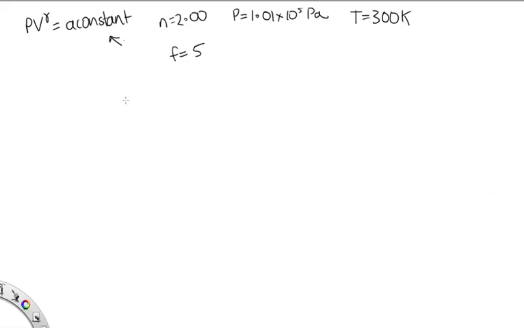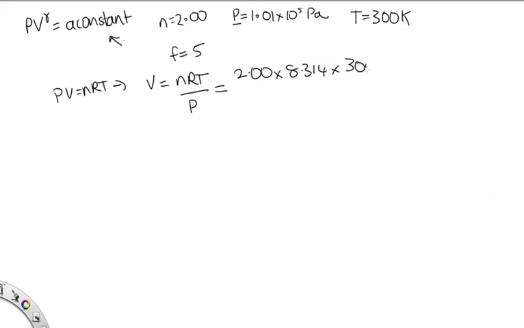Now the easiest way to solve this problem is just to work out what P is, what V is, and what gamma is. We've already got P here. To work out V, we should use the ideal gas law. PV is equal to nRT, which tells us that V is equal to nRT over P. So n is 2, R is 8.314, T is 300, and the pressure is 1.01 times 10 to the 5.